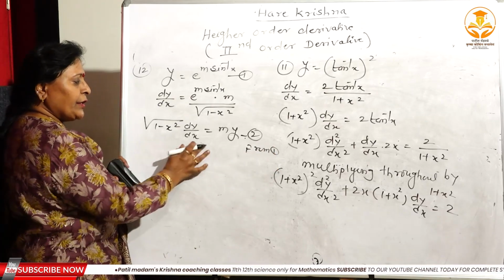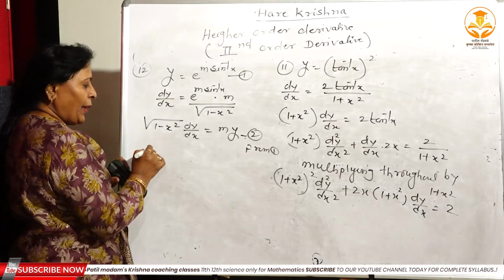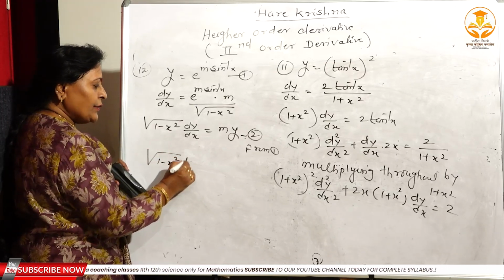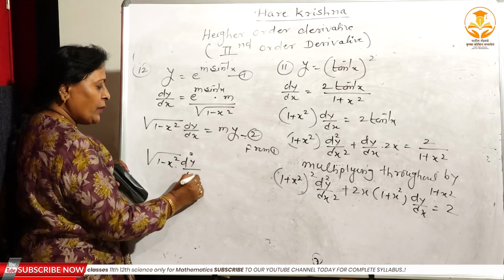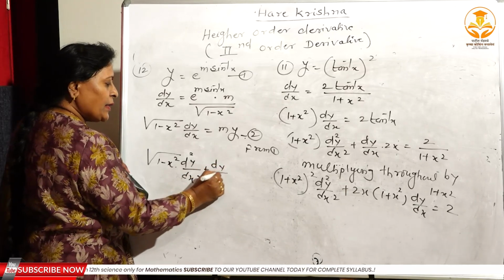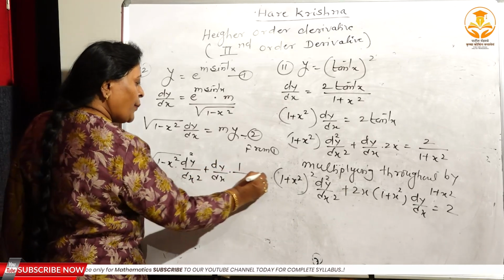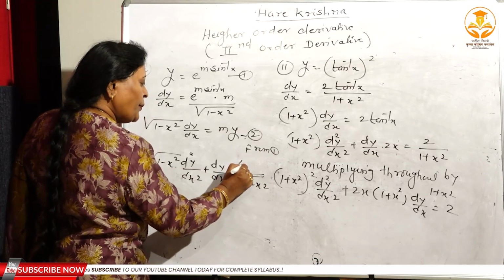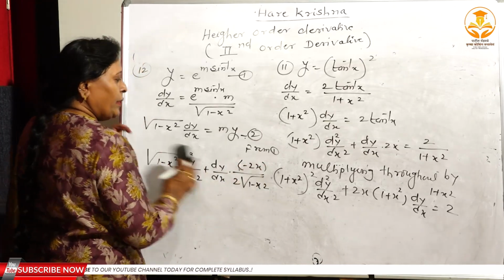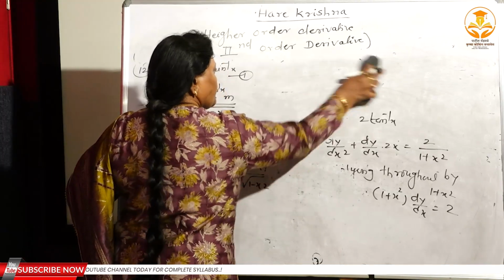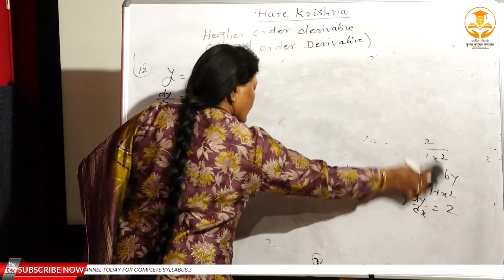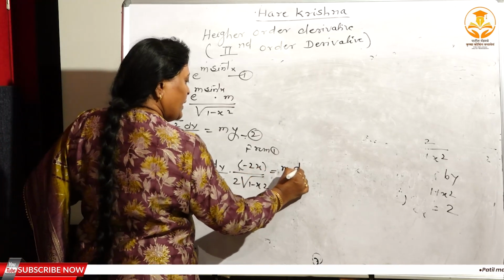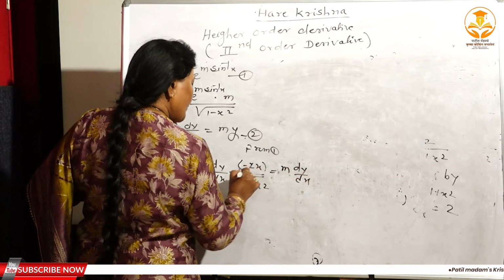Now again differentiate with respect to x. Apply the multiplication rule. Root of 1 minus x square remains as it is. This is d2y divided by dx square, plus dy by dx remains as it is. This is again 1 upon 2 root 1 minus x square, and the derivative of minus x square is minus 2x, and here you have got, see, m remains as it is, dy by dx. The 2 gets cancelled.